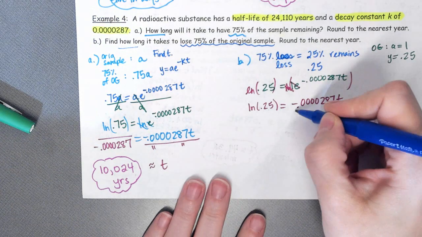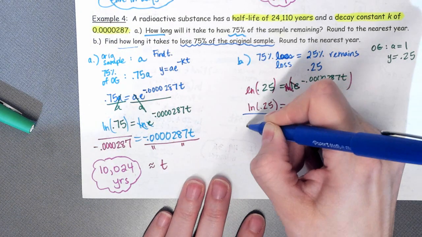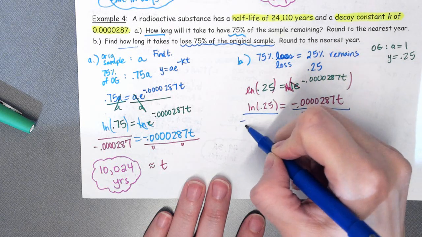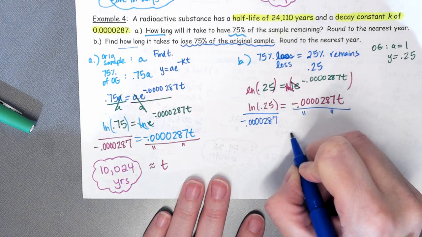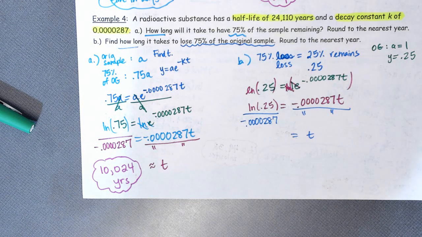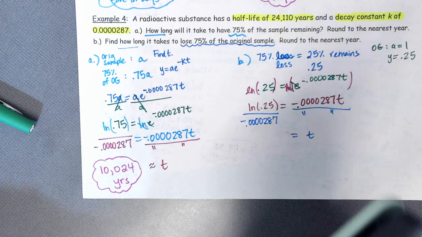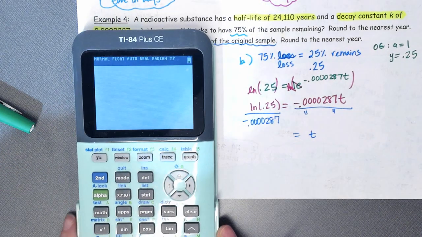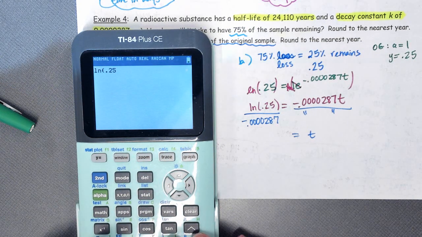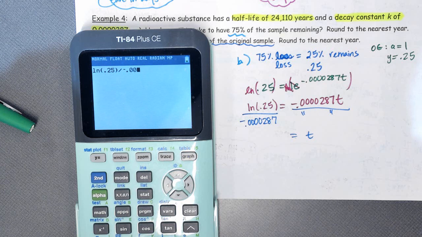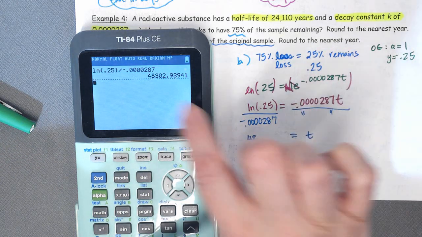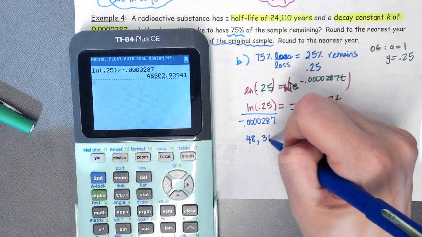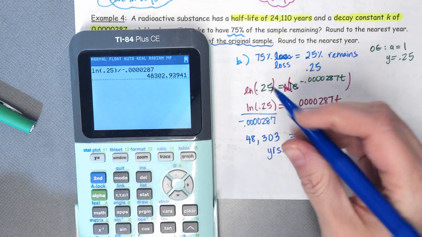And then again, we're going to round that to the nearest year. And then again, just be careful with the decimals because those are easily lost. So it's 0.9, so it's going to round it up to 48,303 years.